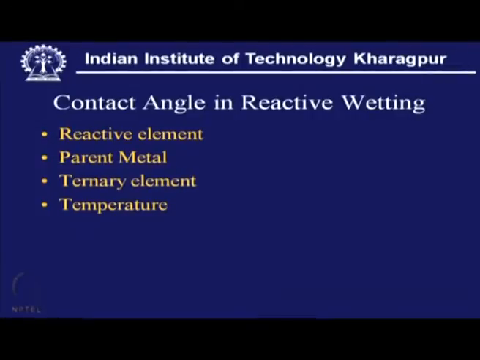Contact angle means this wetting angle. Contact angle is the index of wetting, whether it is good wetting or poor wetting, and it can be experimentally measured and observed. So, from that one can immediately get first hand information on the effectiveness of the alloy.